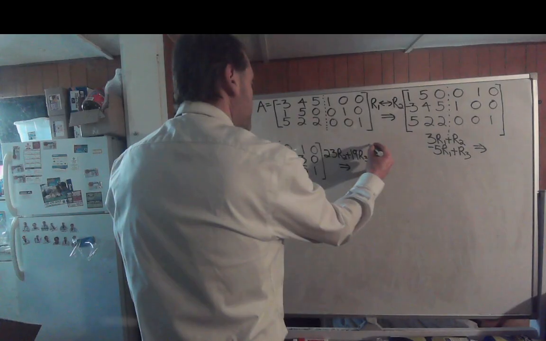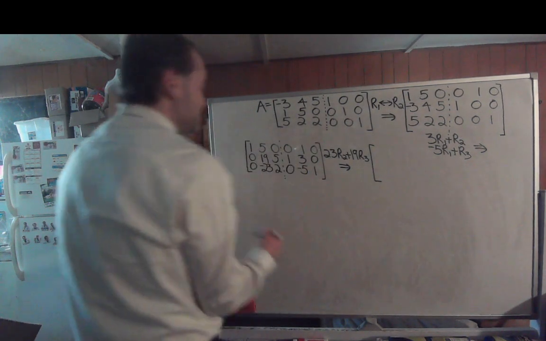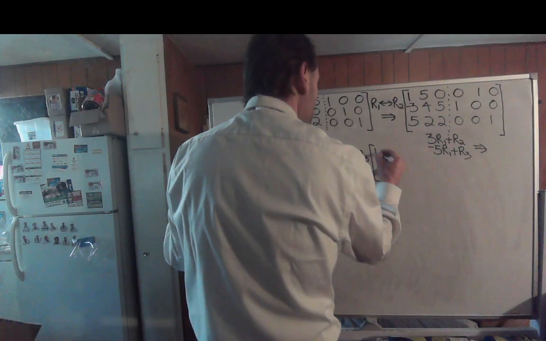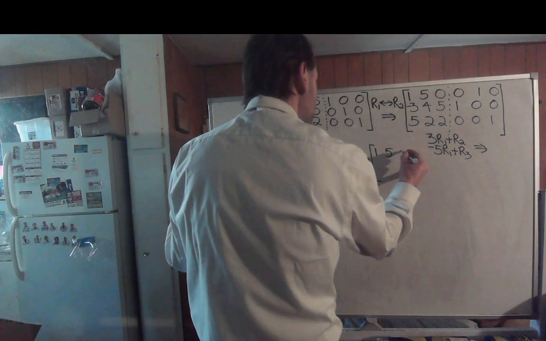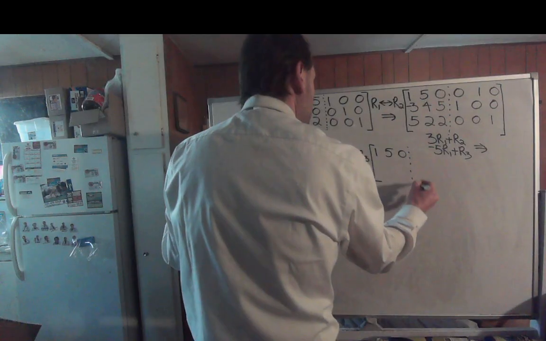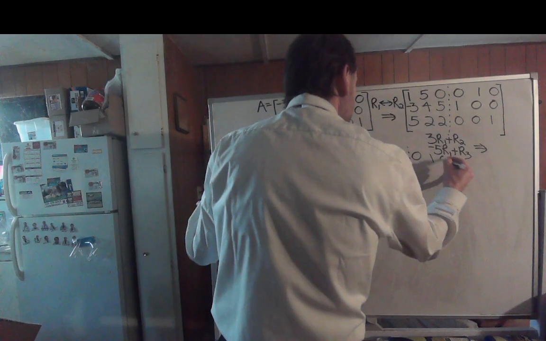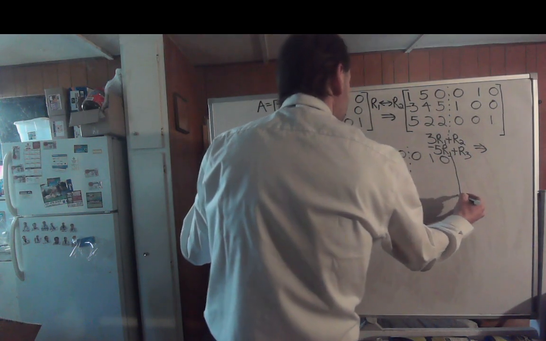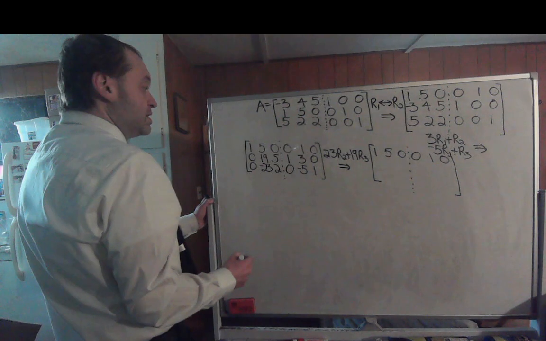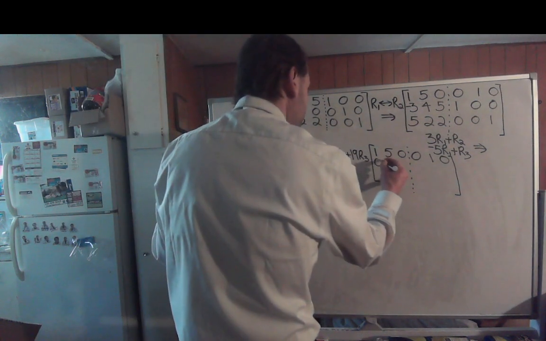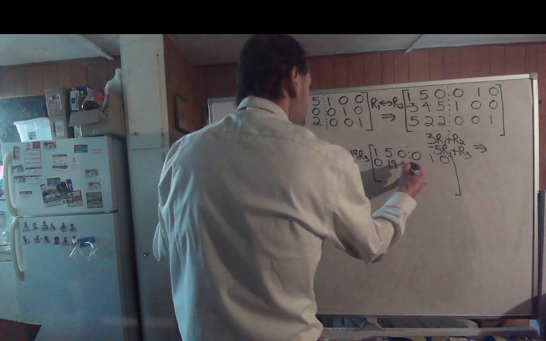So yes, we're about to have a nightmare on our hands. So row 1 is still left alone. We'll have 1, 5, 0. Then the augmentation of still 0, 1, 0. Alright. So let's see, row 2 itself we're leaving alone just for a minute here.